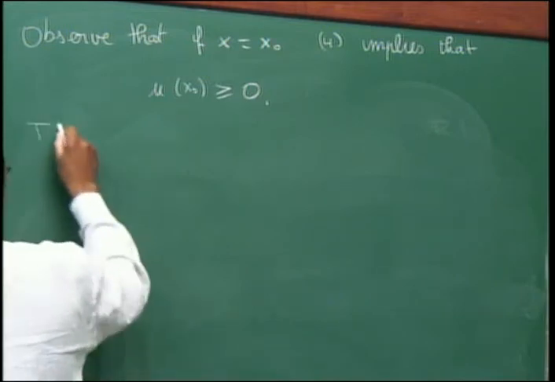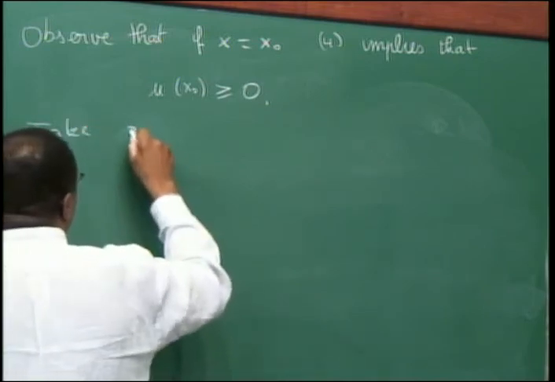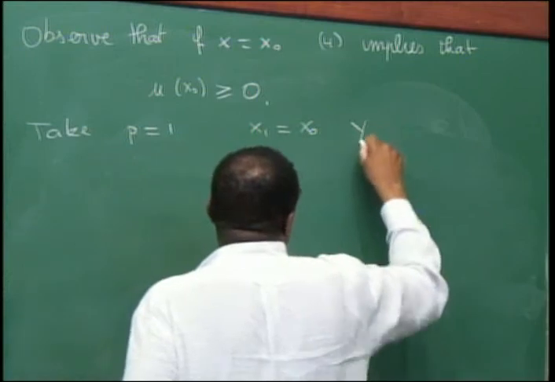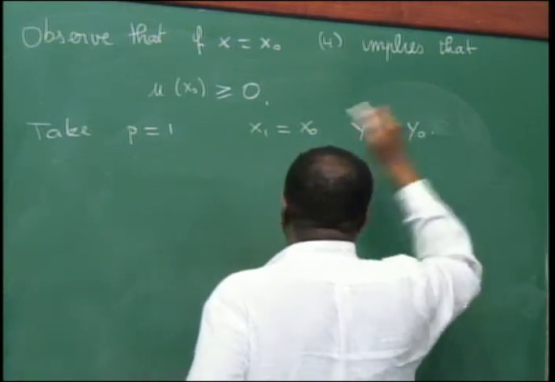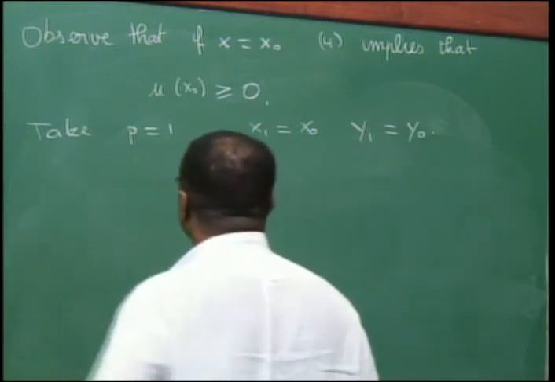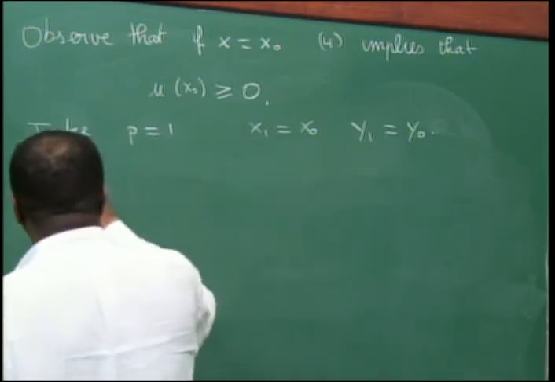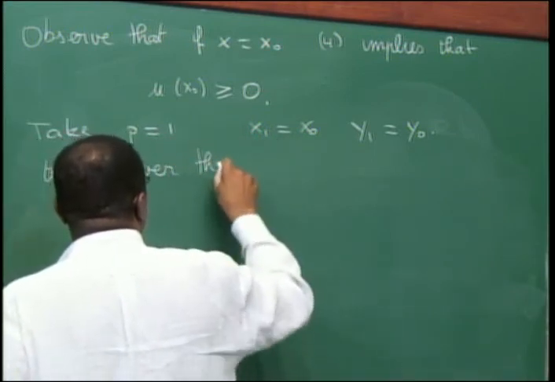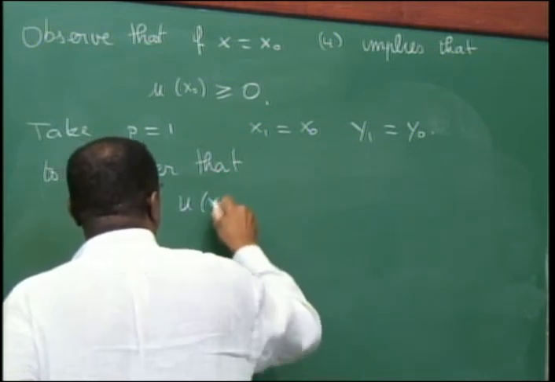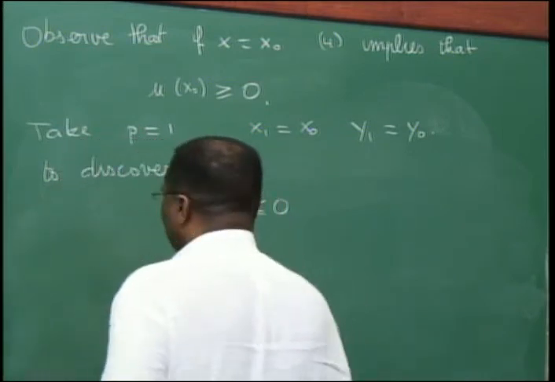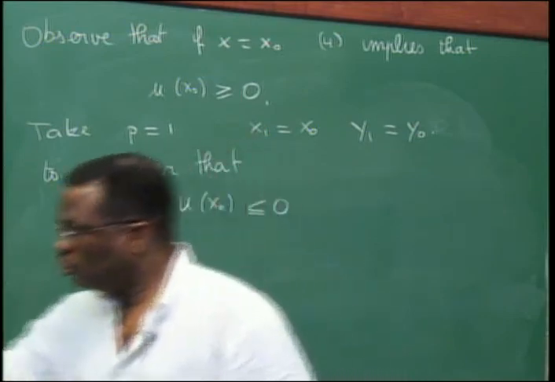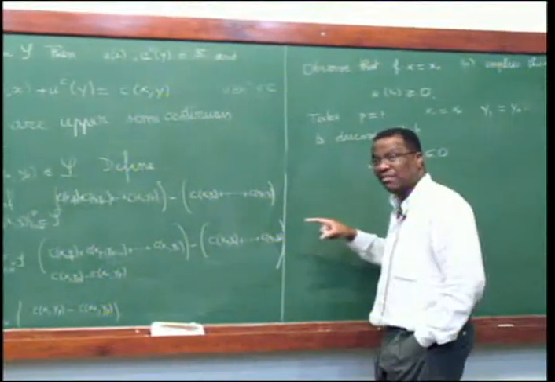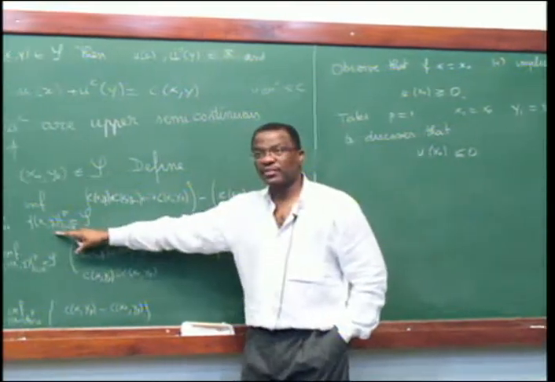Take a P equal to 1, x1 equal to x naught, y1 equal to y naught, and plug that there to discover that U of x naught is less than or equal to 0. So U of x is less than this expression for every P and every sequence.